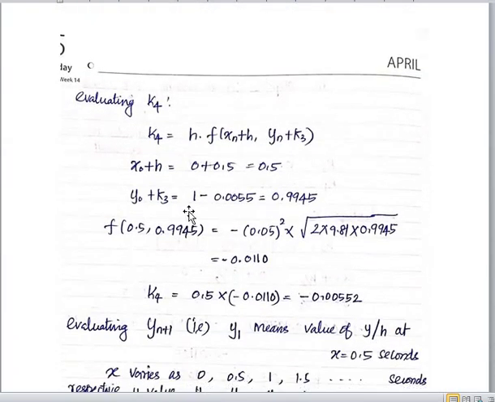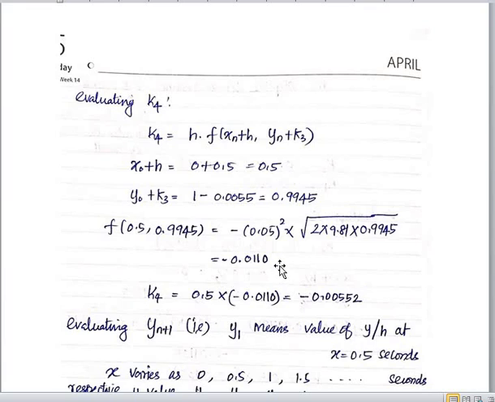K4 is equal to h into f of x n plus h comma y n plus K3. x0 plus h is 0 plus 0.5, it's not h by 2, so it's 0.5. And y0 plus K3 is 1 minus the previous value, so this becomes 0.9945. Again substitute these two values into the function and get the value.